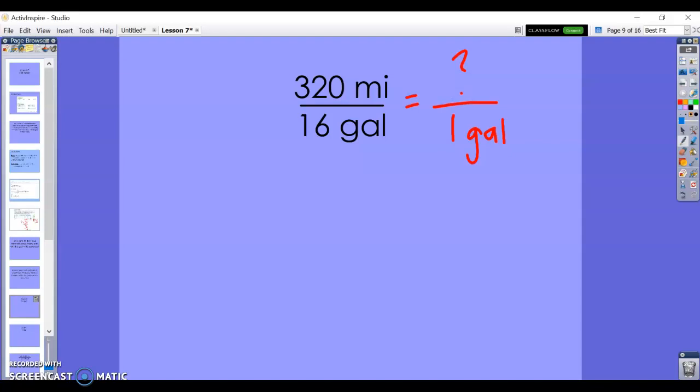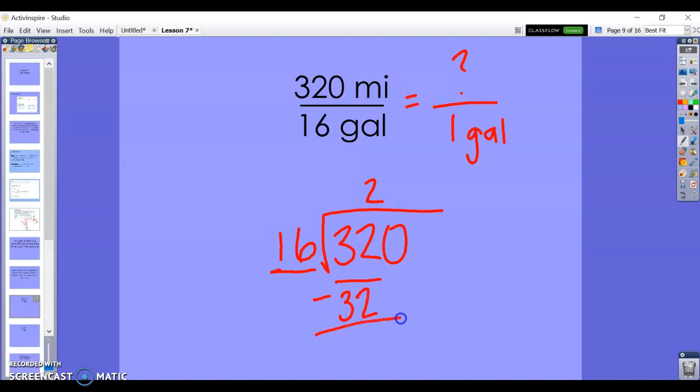So I'm going to take that 320 miles and I'm going to divide it by 16 gallons. I know that I have a 2-digit divisor, so I have to look at my first 2 digits in my dividend. 16 goes into 32 2 times. 16 times 2 is 32, so I'm going to subtract 32.